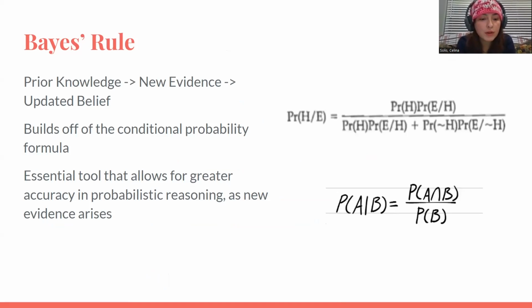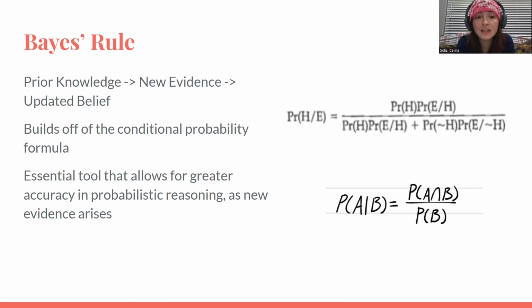Bayes' rule takes our prior knowledge and adds new evidence to build on and create a more accurate probability. It builds off the conditional probability formula, which is shown under Bayes' rule, which reads the probability of A given B is equal to the probability of A and B over the probability of B. Bayes' rule builds off of this by giving 2 events versus just 1 event.